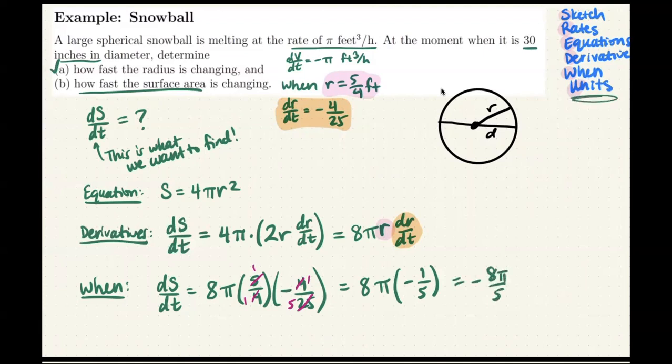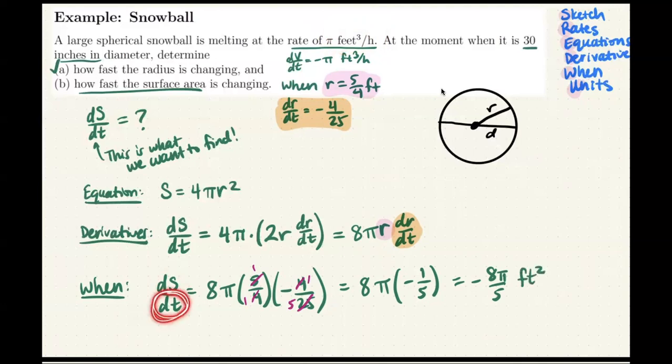Then remember our last step is the units. The units of this quantity are going to be area over time. Like I said earlier, volumes have a length cubed, so feet cubed is a volume. Area is going to have units of a squared length, so area has units here of feet squared.